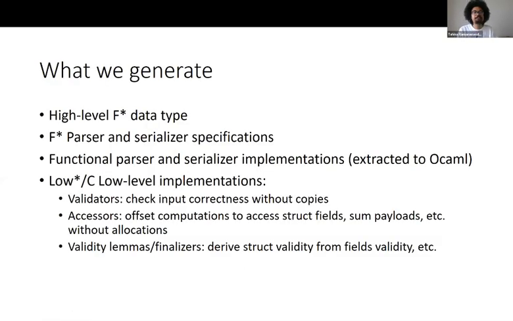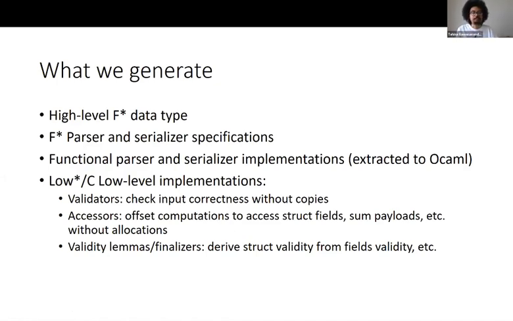So what we generate: a high-level F-star data type for specification purposes. We generate parser and serializer specifications in F-star. We generate functional, inefficient implementations that are targeted to OCaml extraction, just for testing purposes.